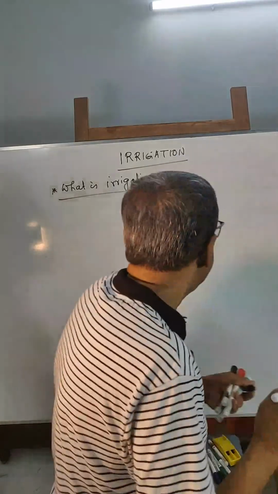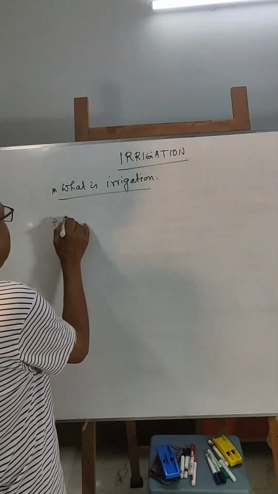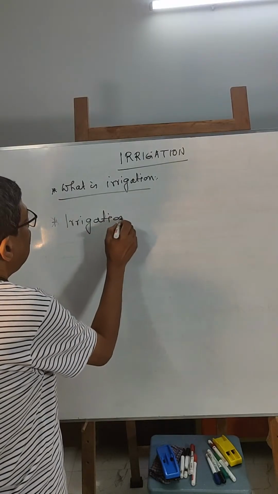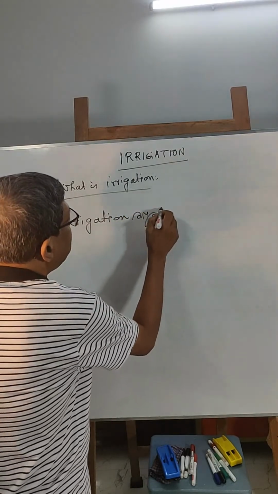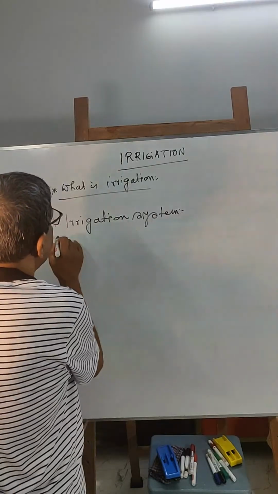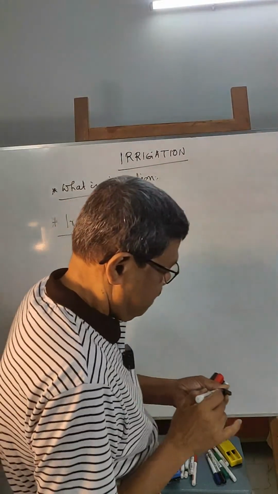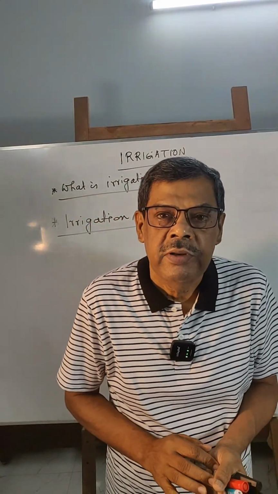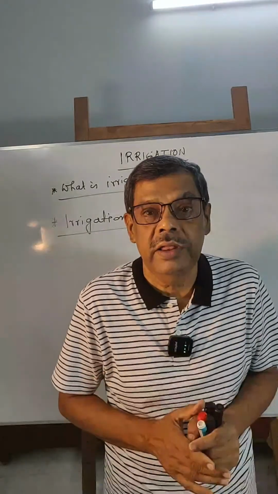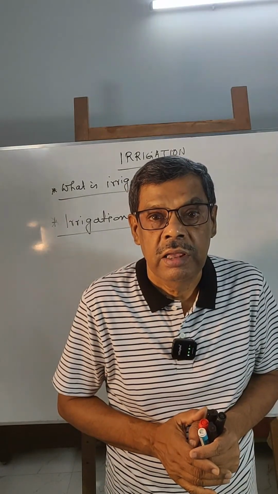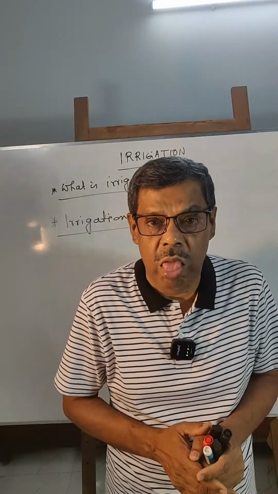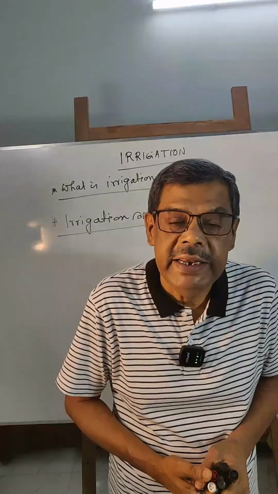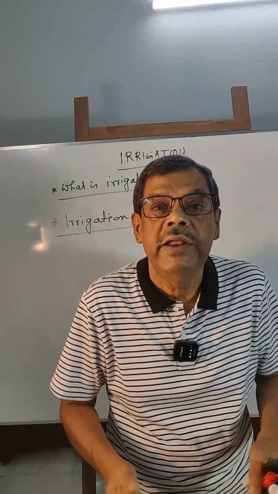Next, irrigation system. Our country is a large country, provided with diverse climatic conditions and water resources.